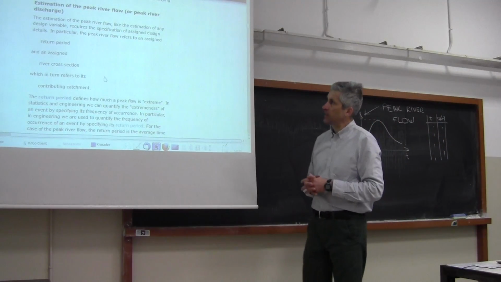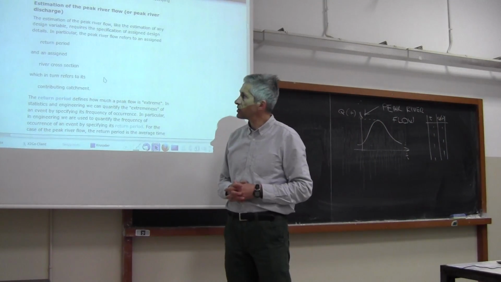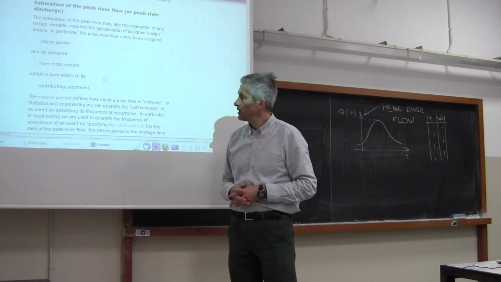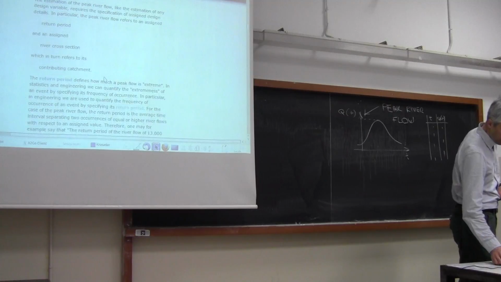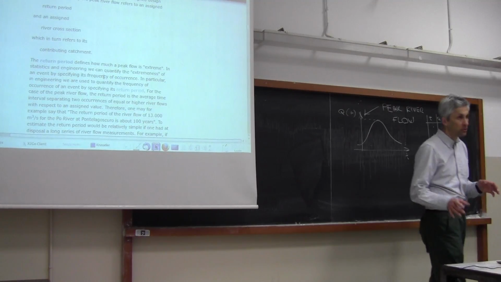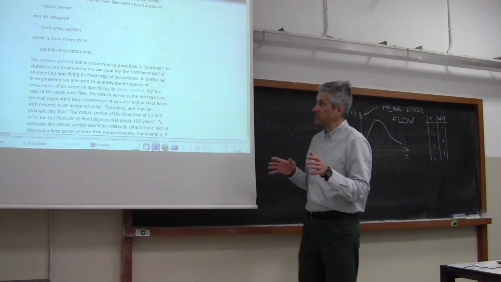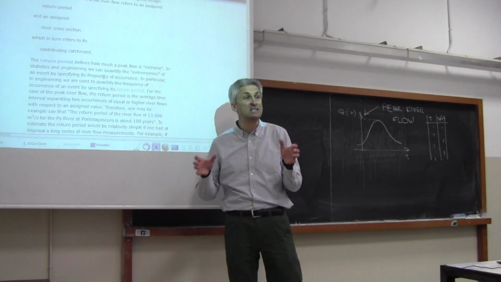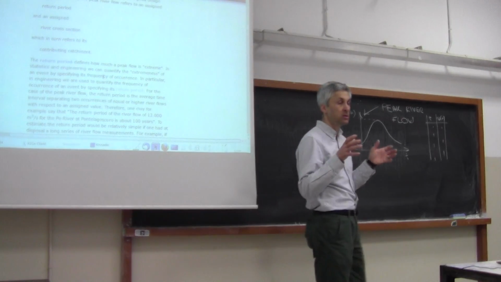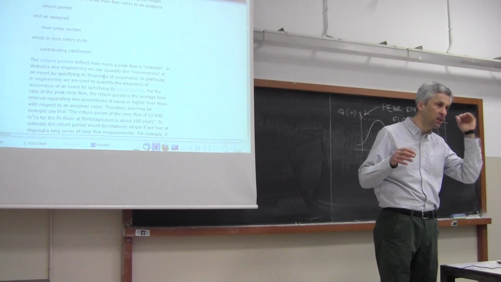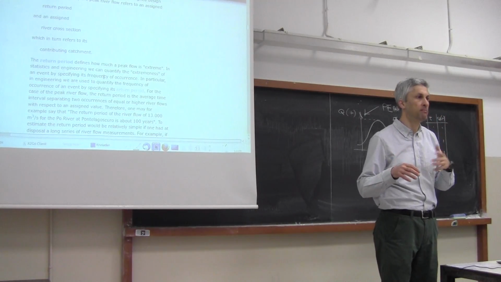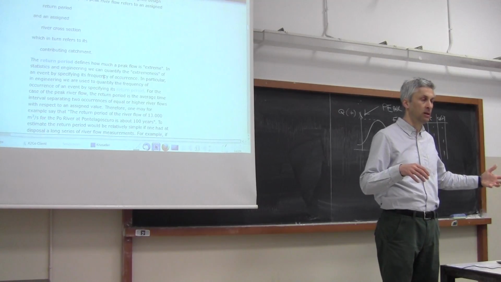Now, let me start with these definitions then. What is the return period? There is also a link to a Wikipedia page here. The return period defines how extreme a peak flow is. We speak about peak flow, but of course there may be many peaks.